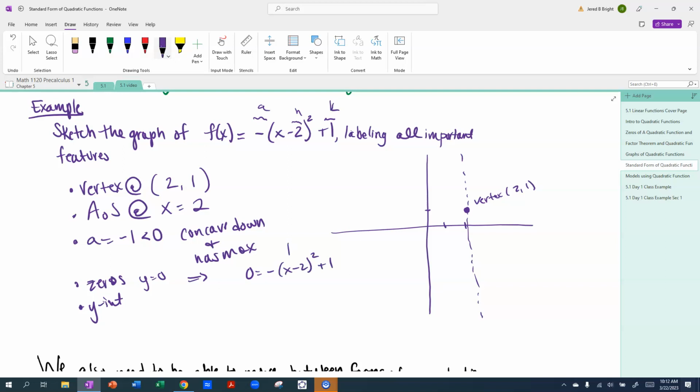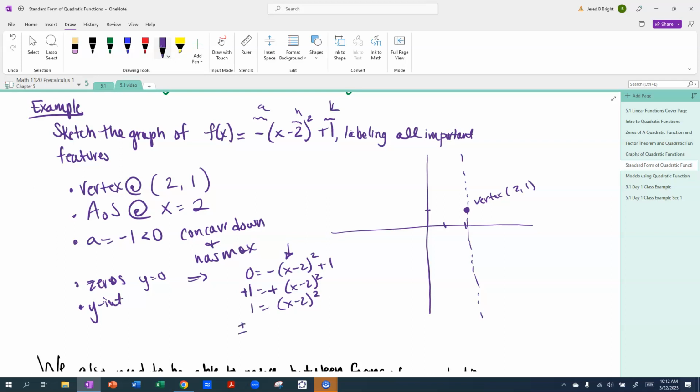And then I just need to solve for x. So subtract 1, -1 is equal to negative x minus 2 quantity squared. Divide both sides by a -1, which would make both sides positive. And so I have 1 is equal to x minus 2 quantity squared.